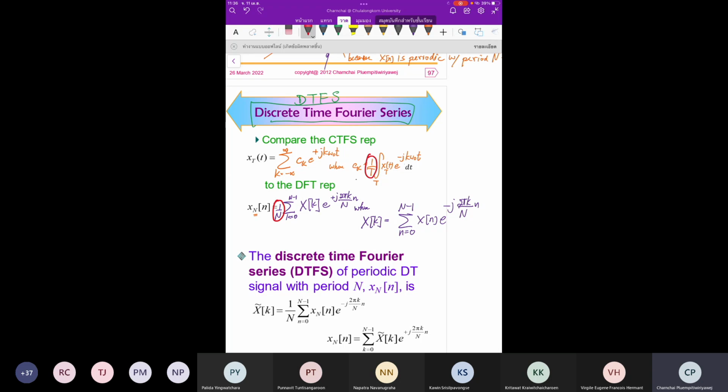So if I move 1 over n in here, this 1 over n xk will be equivalent to ck, right?